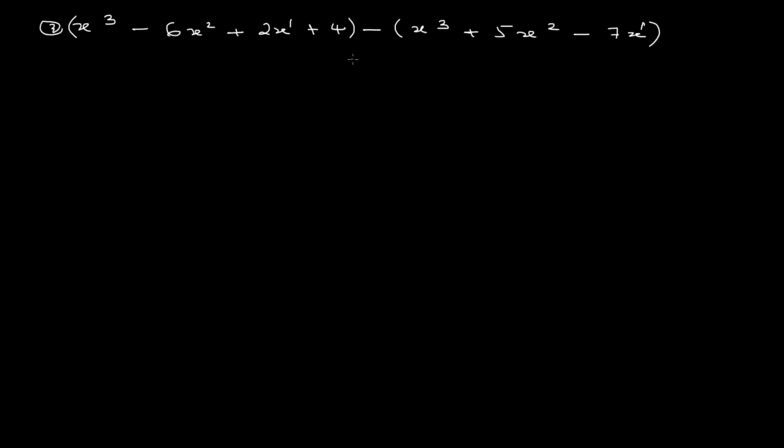So I see I've got 3 sets of things that I can add. So I'll get x cubed, and I'll first expand it, okay, so I'll get 6x squared plus 2x plus 4. Then I have x cubed. The minus, remember what we did in the file for properties of real numbers.